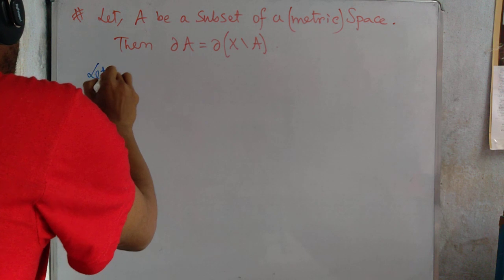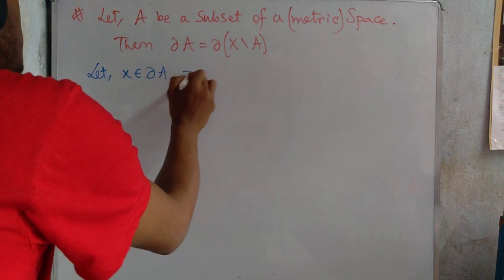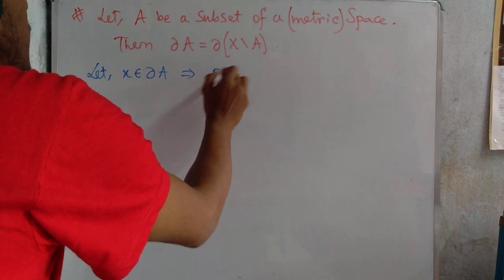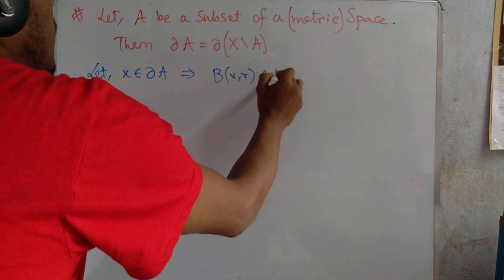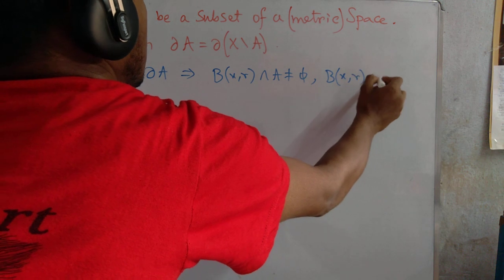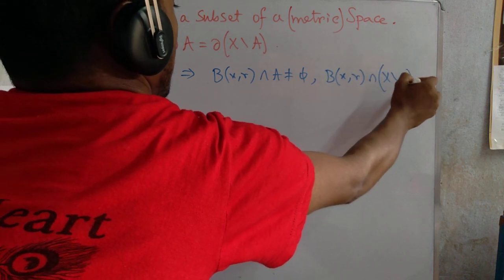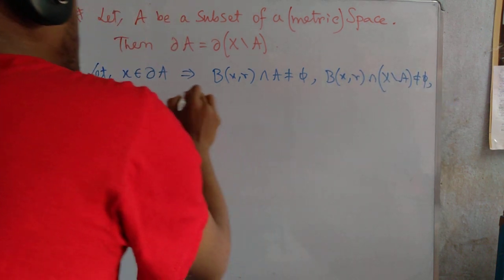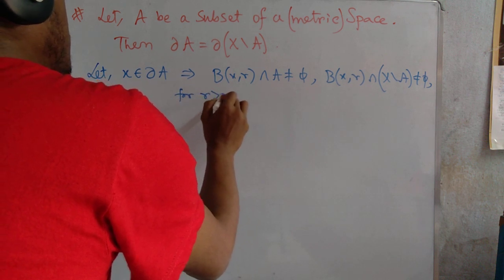We know that x belongs to del A implies what? B(x, r) intersection A not equal to phi and B(x, r) intersection X difference A not equal to phi, for r greater than 0.